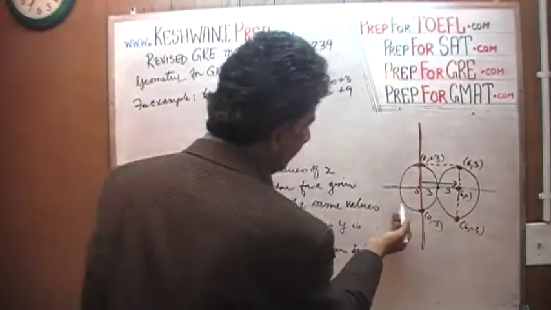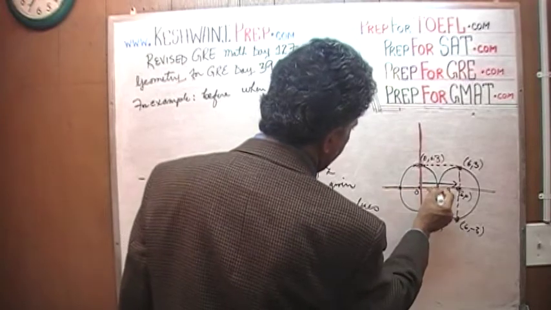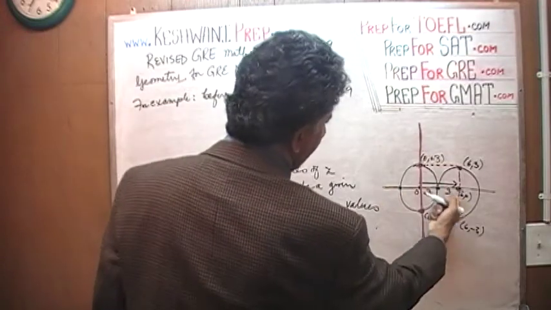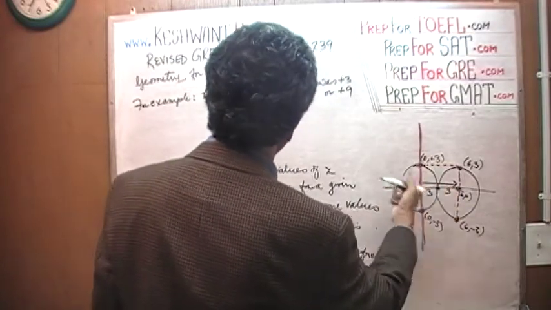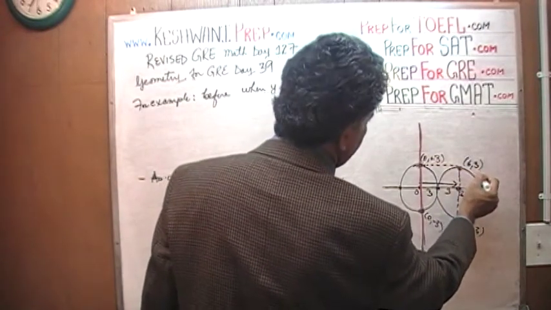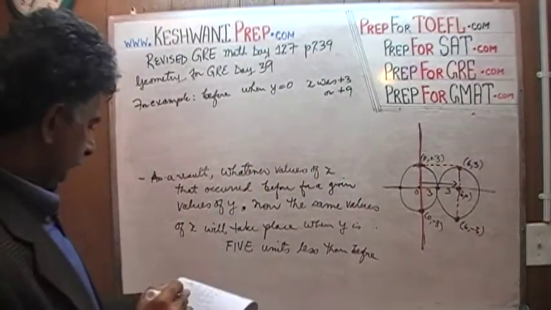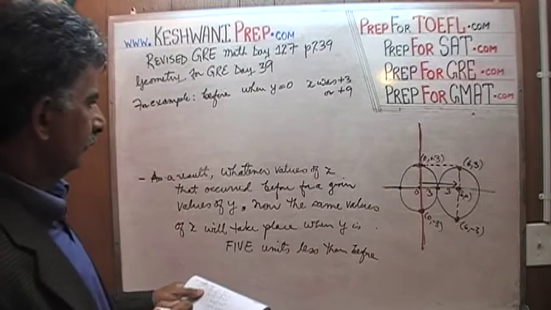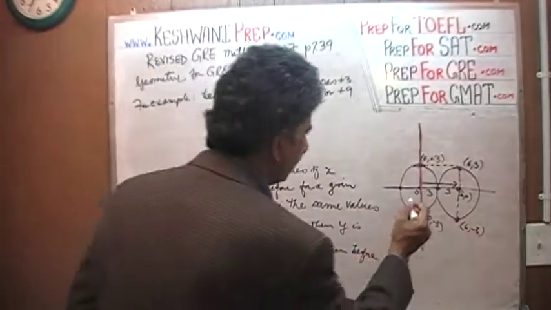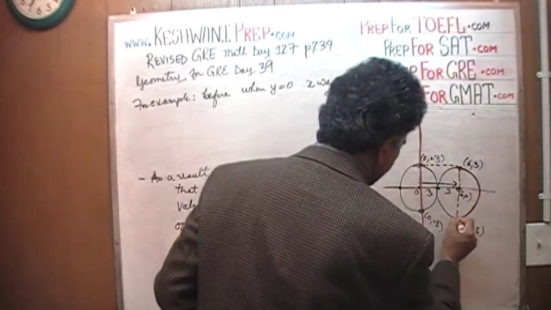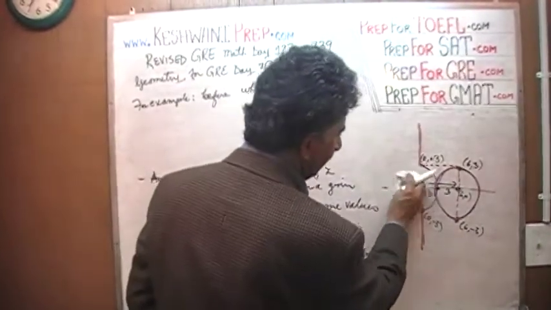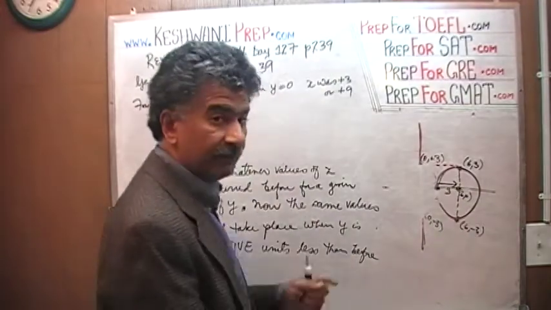When y was 0, y is 0 here or here. Oh no, this is the original one. We're talking about this circle here, not the very original one. When I said before, we're talking about this circle, not the very original circle. Let's erase this original circle. We're done with it, because now when we talk about before, we're talking about this circle, not the very first one that we started out with.